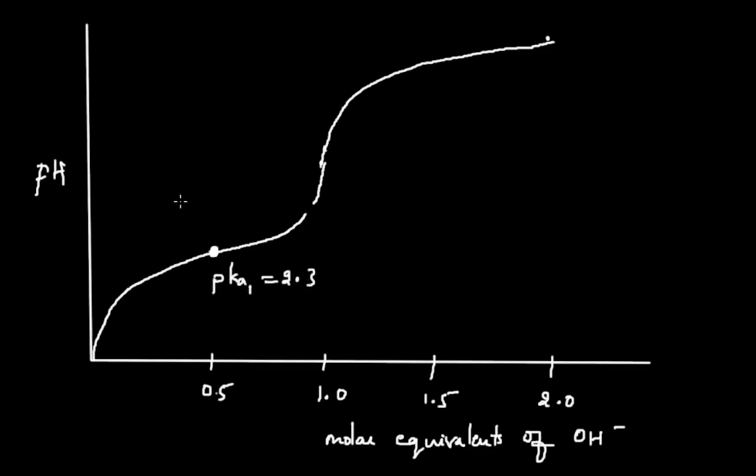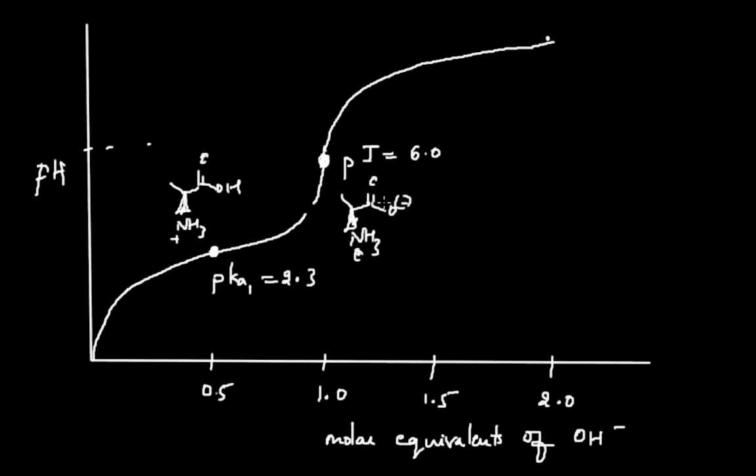At pH 2.3, your cationic form NH3+ is present. At the pI, the isoelectric point, at pH equal to 6, what happens? Your zwitterionic form is present. And then at 2 molar equivalents, all the molecules are present in their anionic form. So this was the isoelectric point of alanine.